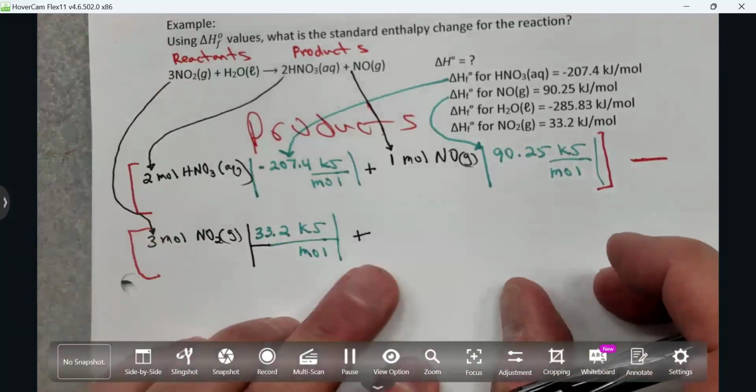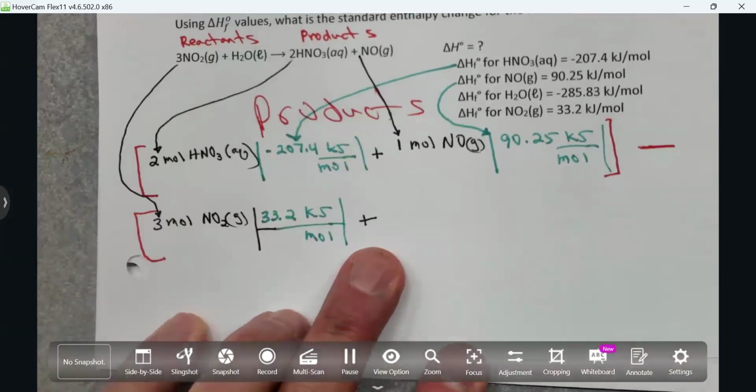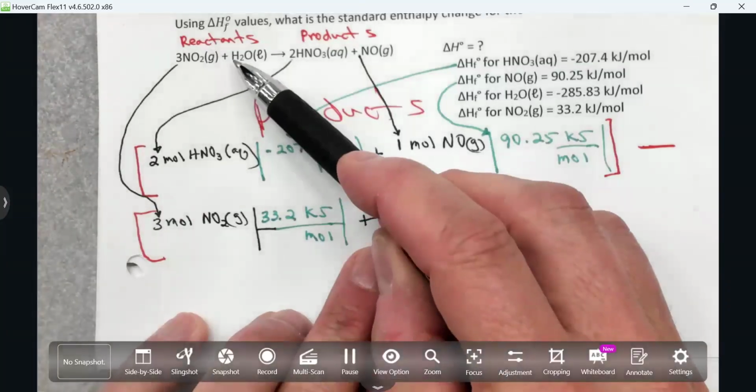Plus 1 mole H2O liquid up there. Is it H2O? Yeah, H2O liquid. 1 mole of H2O liquid here.